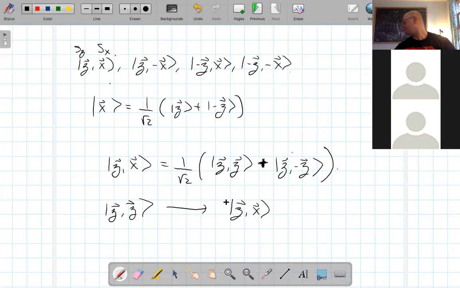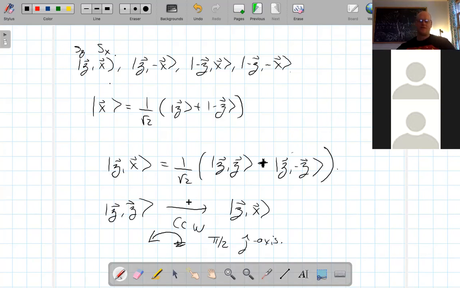So I can get this second state from this state by doing a what? A counterclockwise rotation of pi over 2 about what? The Z axis? No, I'm going from Z to X, so that's about the J axis.